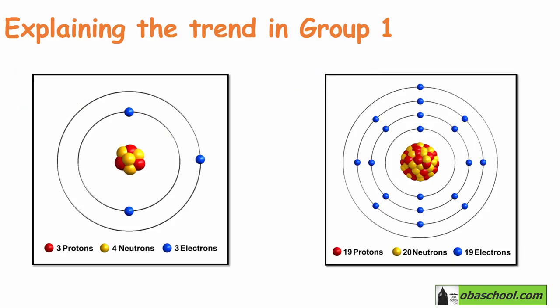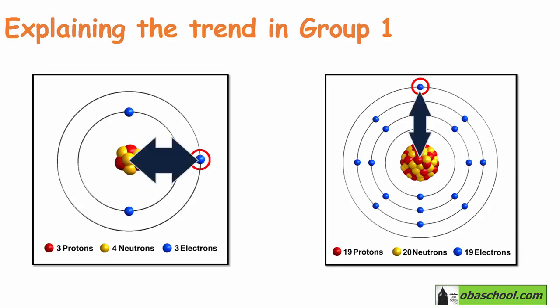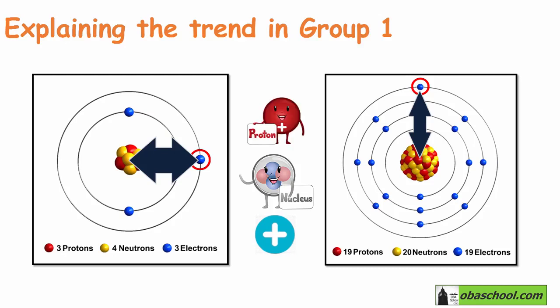These are the electronic structures. Notice that both elements, lithium and potassium, have only 1 outer electron in the outermost shell. Between lithium and potassium, this electron of potassium is attracted less strongly to the positive nucleus. We know that the nucleus holds a positive charge due to the presence of the protons.